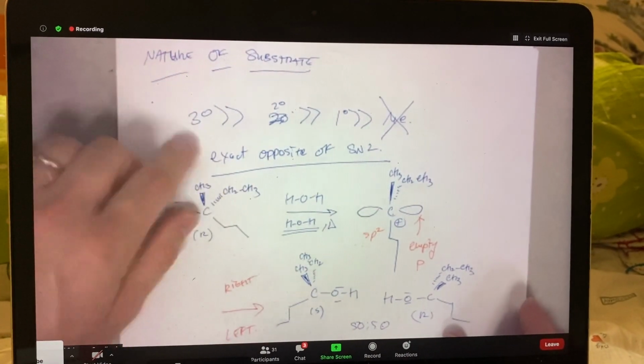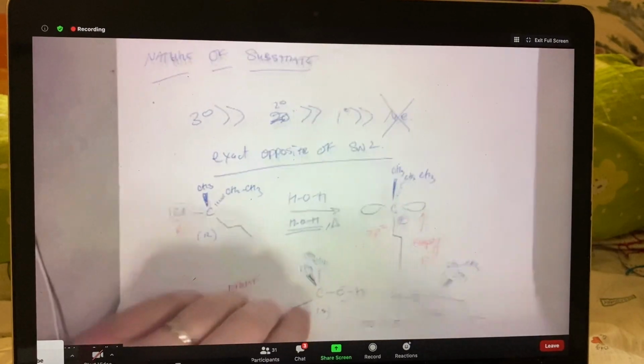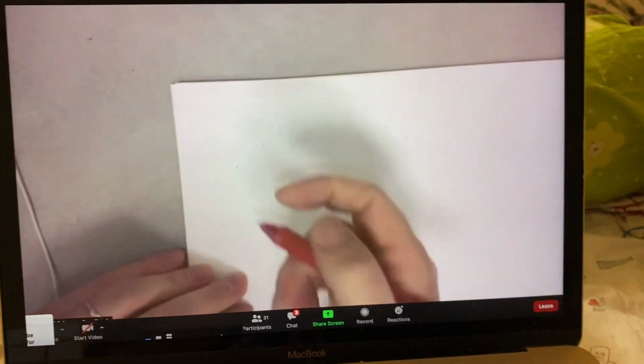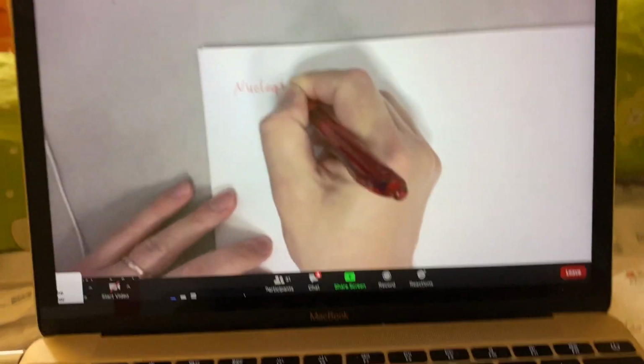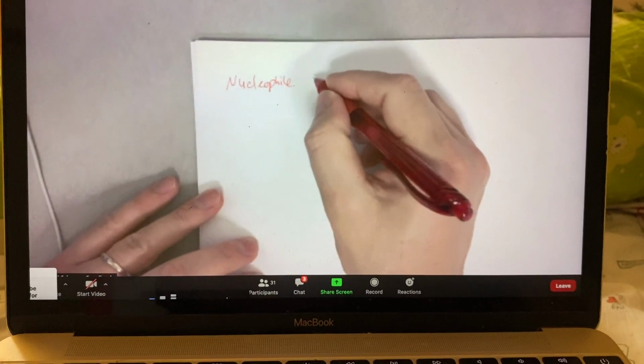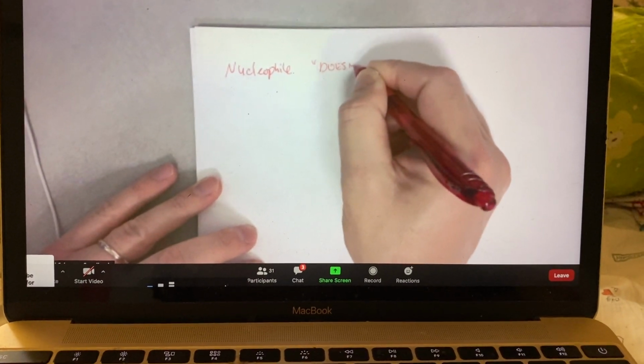So, substrate. Tertiary is the best because it leads to carbocations. I said that the nucleophile doesn't matter.